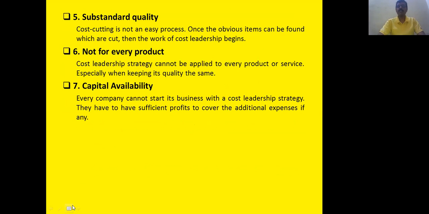Next one is this cost leadership cannot be done for all the products, but it is done only for certain products which are rich in technology, which have innovative ideas, which are produced in big companies. Means the capital adequacy norms and capital availability is a very, very huge requirement to become a cost producer because they have to purchase huge amount of technology.